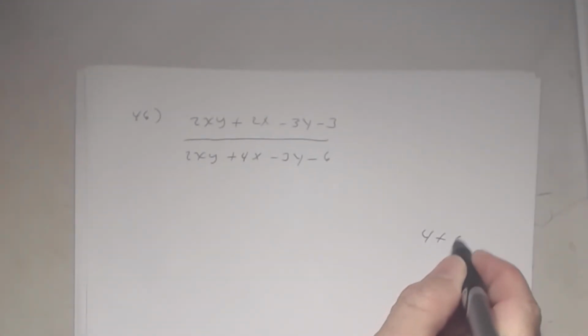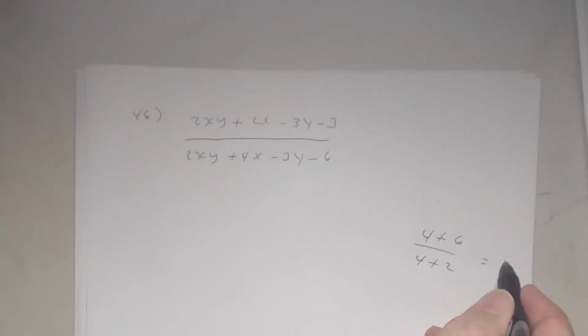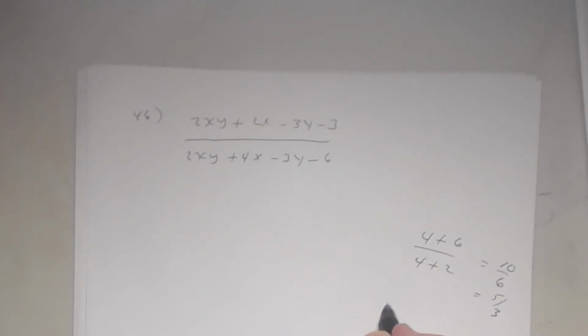It's kind of like if you had, let's say, 4 plus 6 divided by 4 plus 2. Well, 4 plus 6 is 10. 4 plus 2 is 6, which is 5/3. If you do what you just did, that's going to be 4 over 2, which is 2.